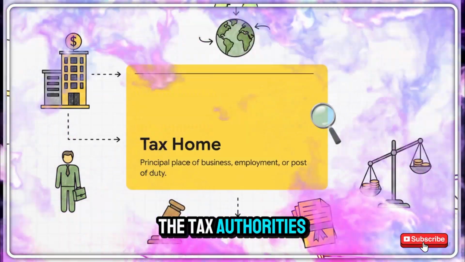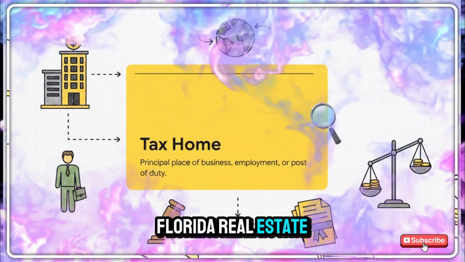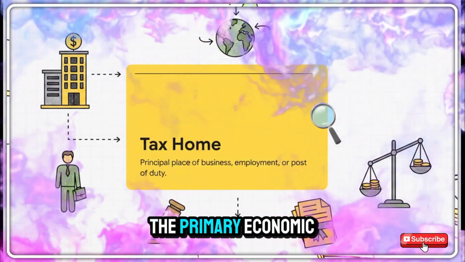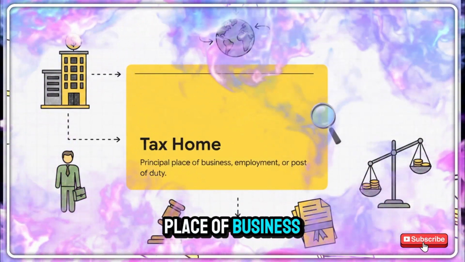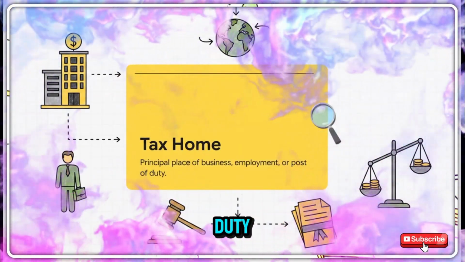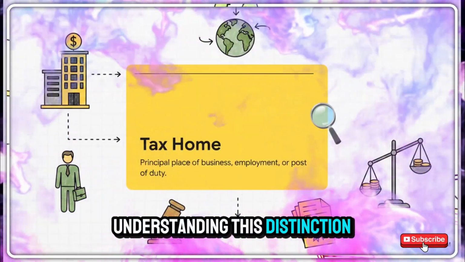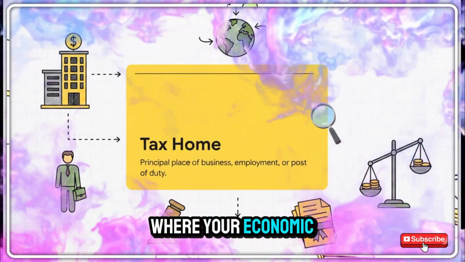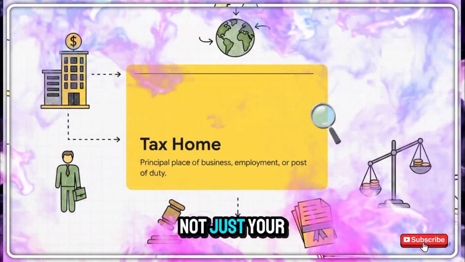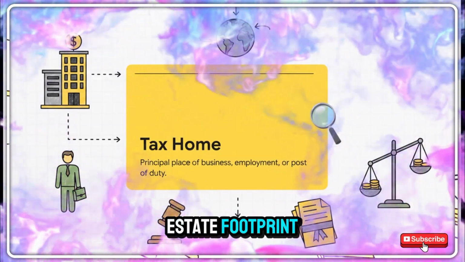The tax authorities aren't looking at that Florida real estate. They are measuring the primary economic anchor. Your tax home is your principal place of business, your employment hub, your post of duty. Understanding this distinction is absolutely critical, guys, because the system is looking at where your economic loyalty lies, not just your personal domestic real estate footprint.